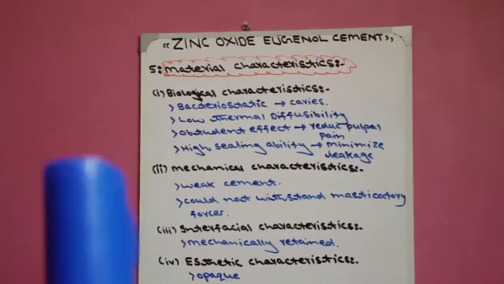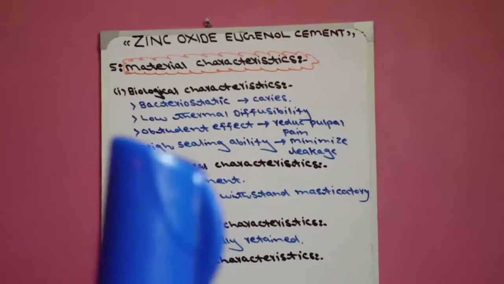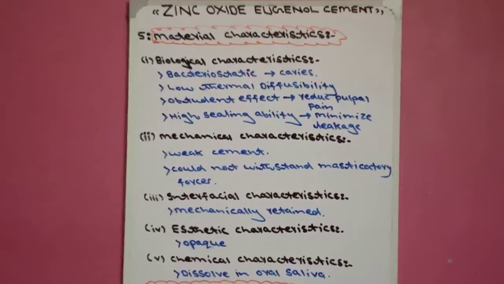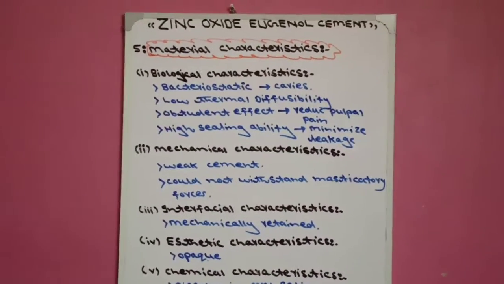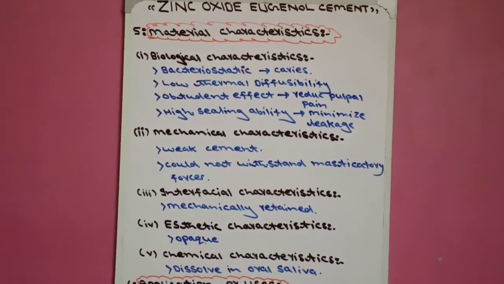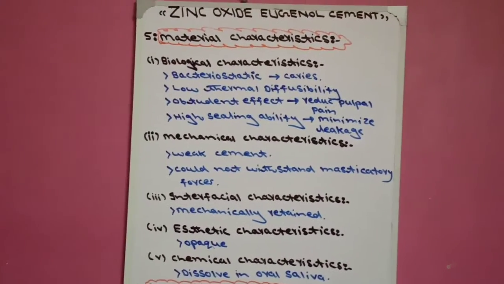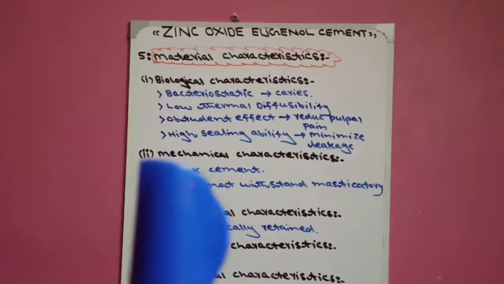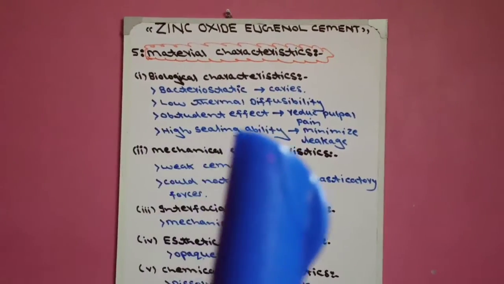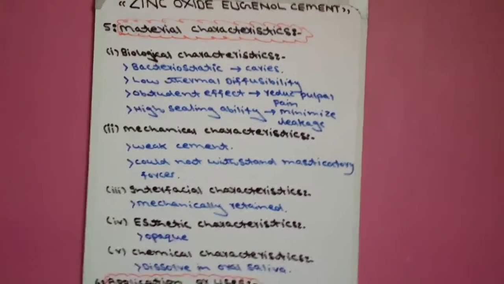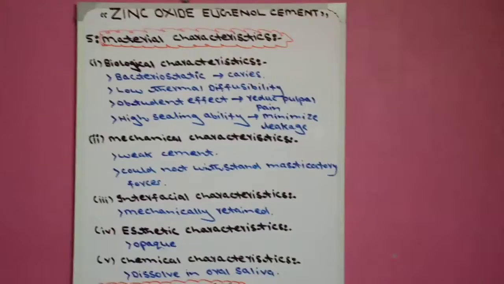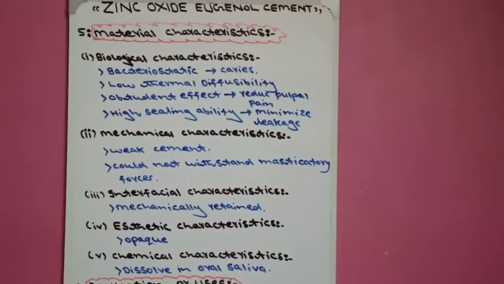Number 2, zinc oxide eugenol has low thermal diffusibility, meaning it diffuses low heat, so it prevents the pulp from thermal stimuli. Third is obtundant effect. Obtundant effect means it reduces pulpal pain, so zinc oxide eugenol reduces the pulpal pain.